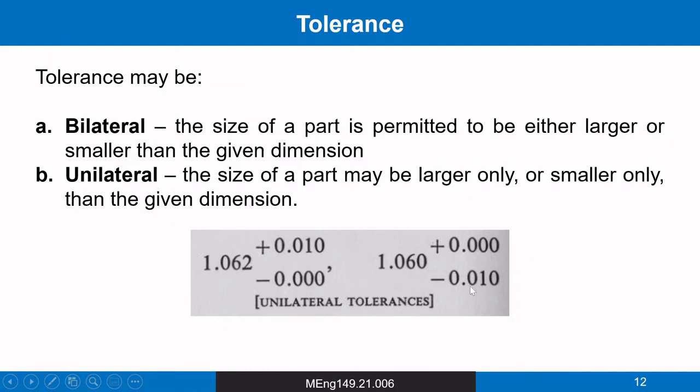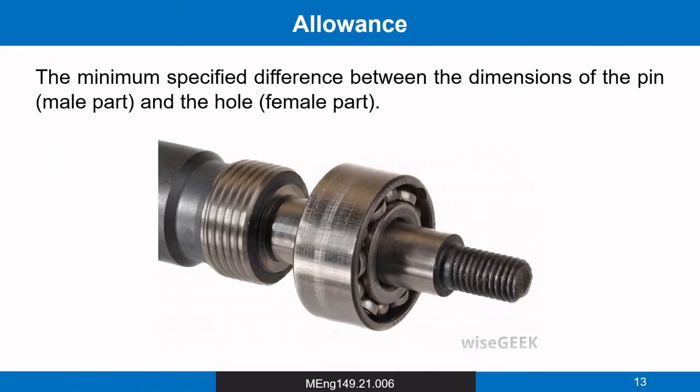But if it is to be smaller only, plus 0 on top, then minus 0.01 below, in the subscript. Okay, so that is the expression for unilateral and bilateral tolerance. Now there is another terminology that is somewhat related, and sometimes we get confused with tolerance.